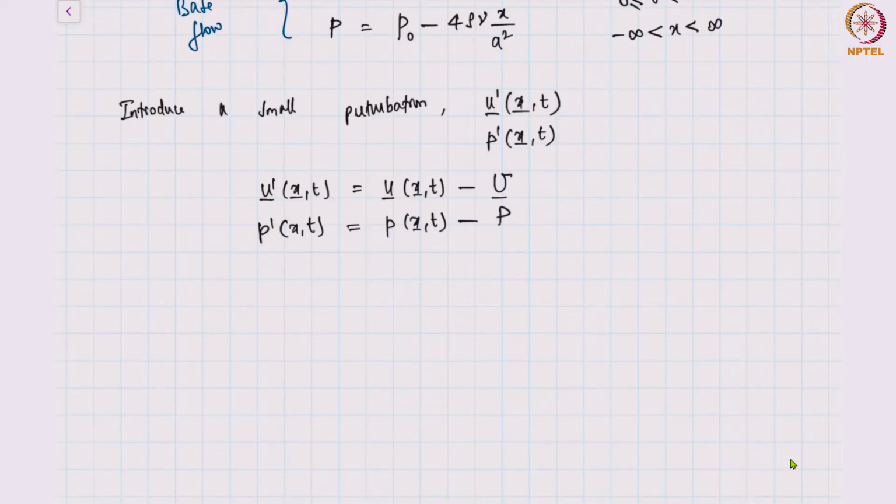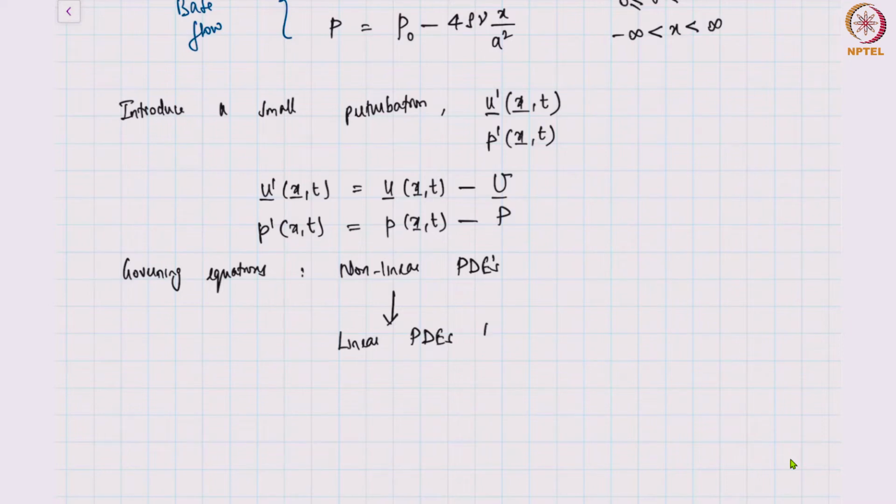Now, typically when we start these equations, we start with the original governing equations. The Navier-Stokes equations are non-linear partial differential equations. Now we introduce these perturbations and then we get linear PDEs for the perturbations.